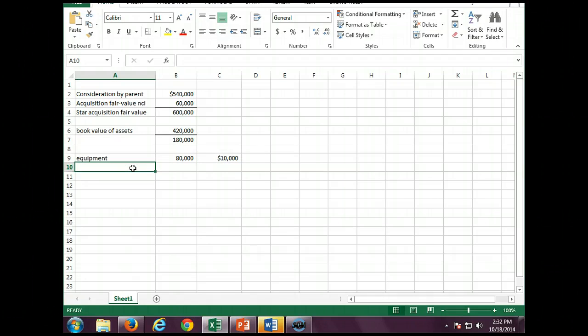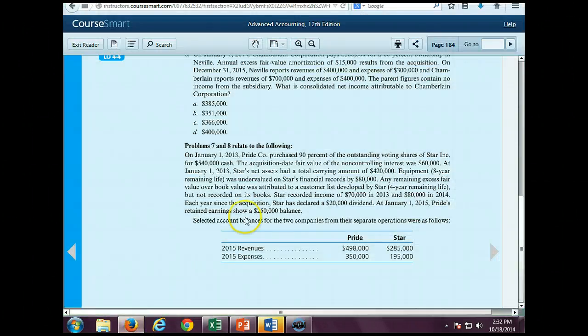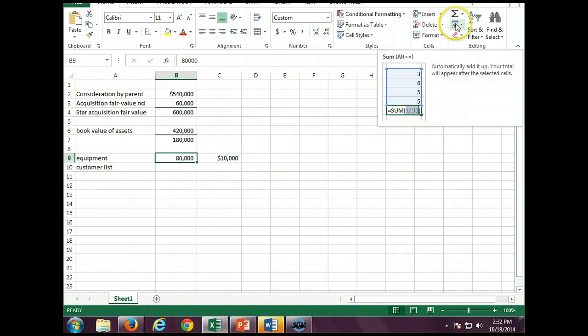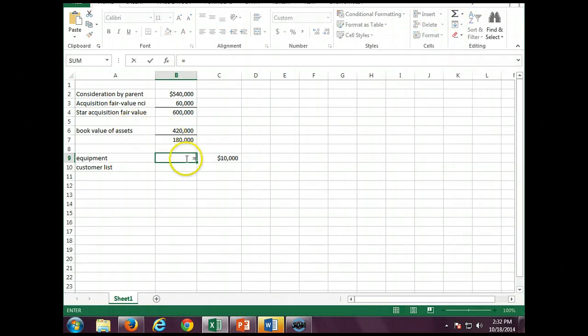It also gave us a customer list. How much did it say that customer list was? Customer list with a 4-year life. What is our remaining excess? Shoot.